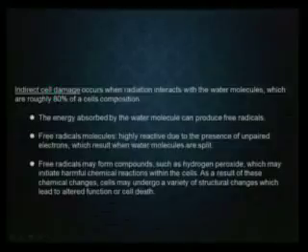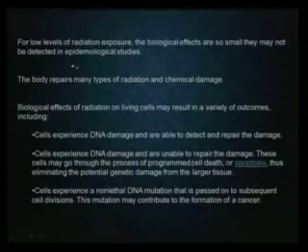Indirect cell damage occurs when radiation interacts with the main molecule in your body, which is water, and converts it into free radicals, and those radicals cause damage to the body. So that's a simple explanation for that.